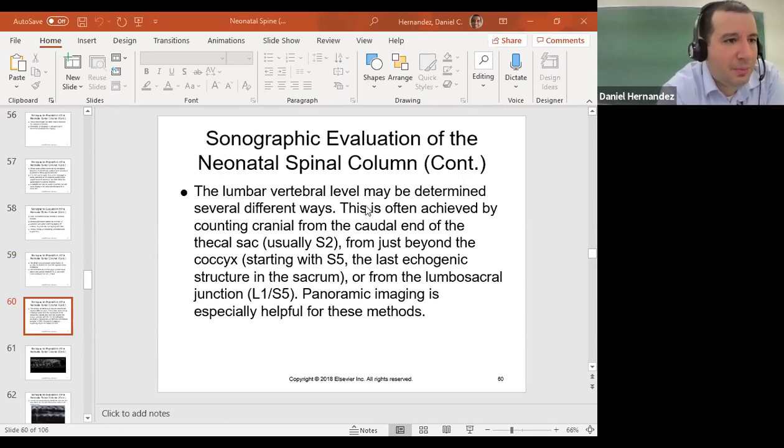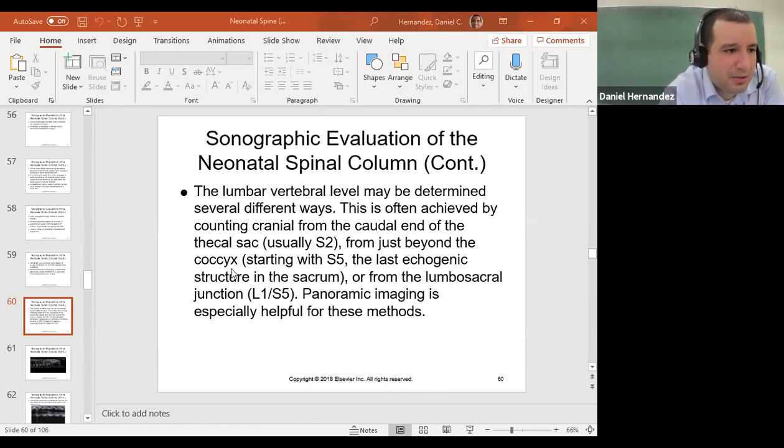So the lumbar vertebral level may be determined several different ways, often by counting cranially from the caudal end. That's the method that I like to use: start caudal, as low down, start S5, S4, S3, S2, S1, L5, through L1. Some people go from the thecal sac, usually at S2 or just beyond the coccyx, starting at S5.